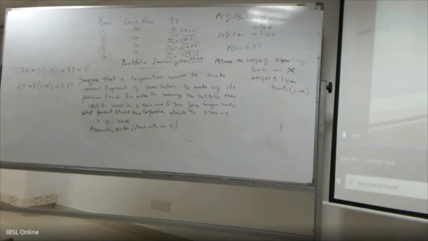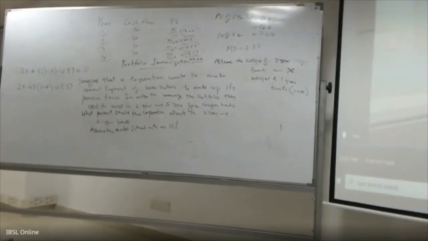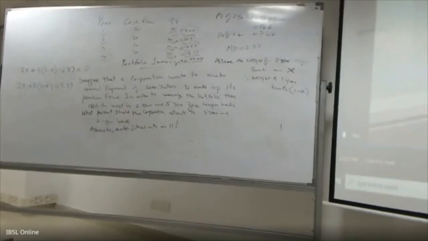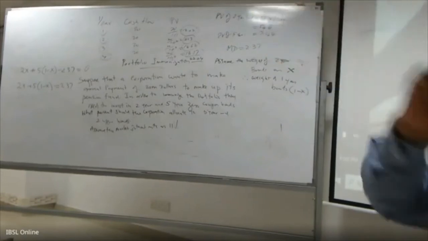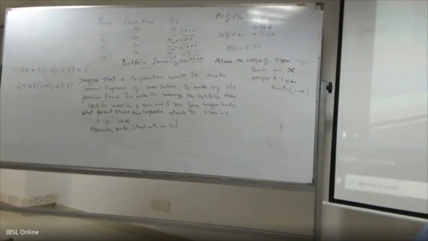You get 79 point something. And the 5-year bonds face value, that is 7.44 into 1.11 to the power 5, because it will be maturing in 5 years. Therefore, the future value we have to get is 1.11 to the power 5.